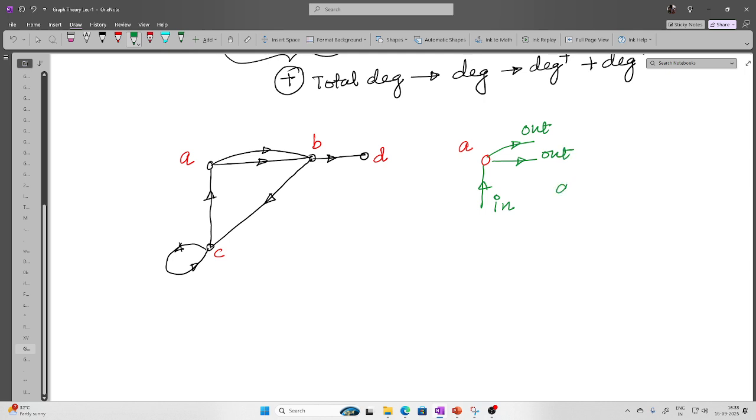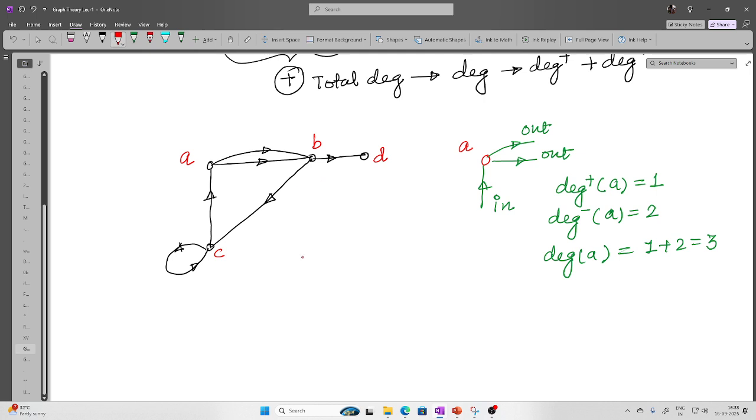So the in degree for vertex A will be equal to 1. The out degree for this vertex will be equal to 2, as two edges are going out from this vertex. And the total degree of vertex A will be the sum of these two, that is 1 plus 2, which is 3.